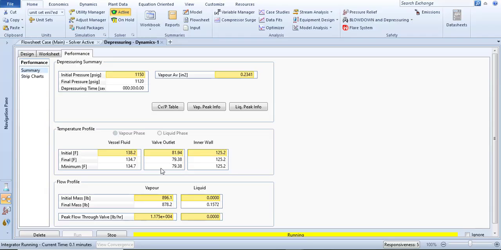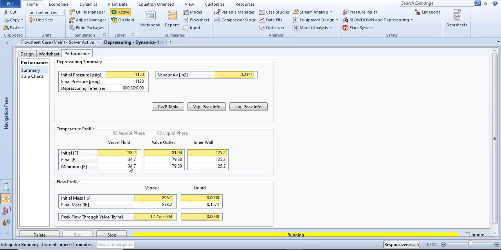around 10 degrees C. So if your minimum vessel fluid temperature is around -10, your inner wall temperature will be 0, 1, or maybe positive 1. That's the importance of having this inner wall temperature. If your vessel fluid temperature is very near to -28, that's the limit for carbon steel, and you can go and select low temperature carbon steel.